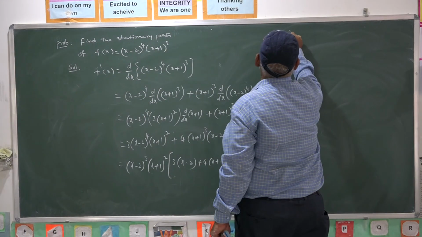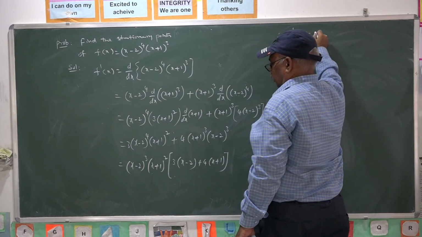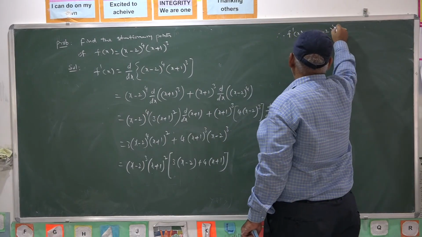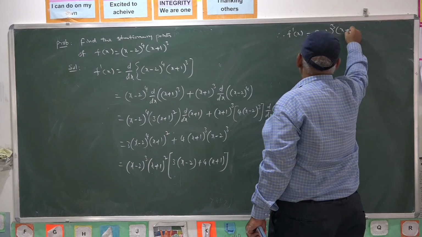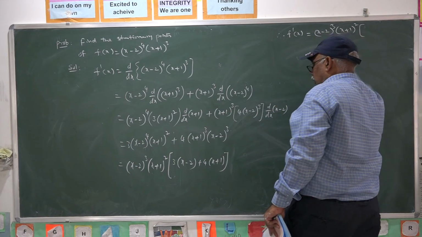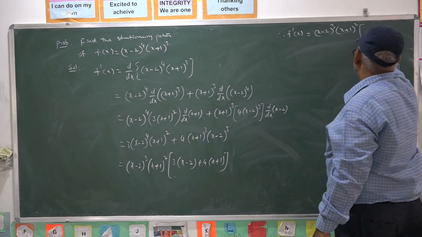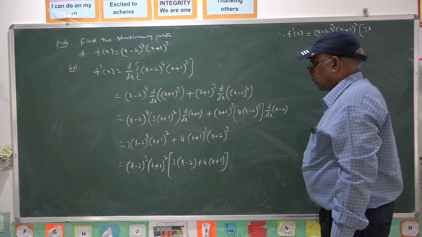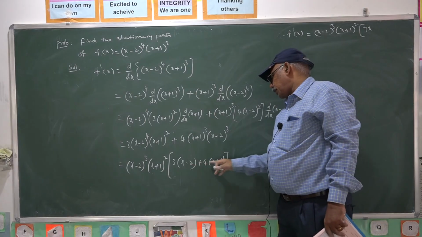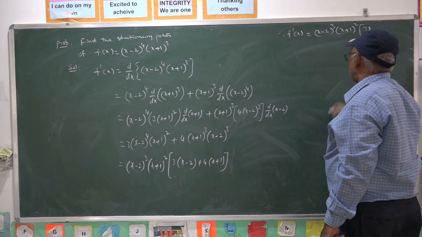Therefore, f dash x is (x minus 2) whole cube, (x plus 1) whole square. Now on simplification, 3x plus 4x is 7x, minus 6 plus 4 gives us minus 2.